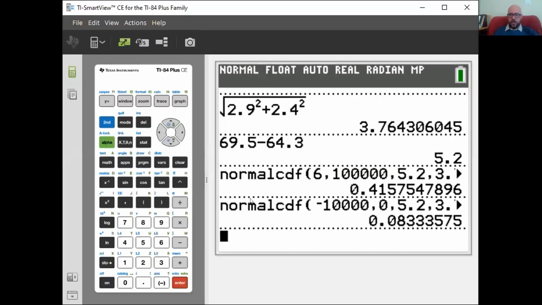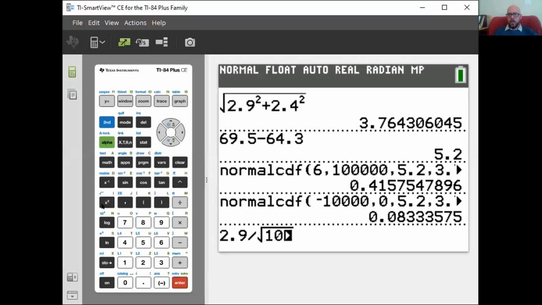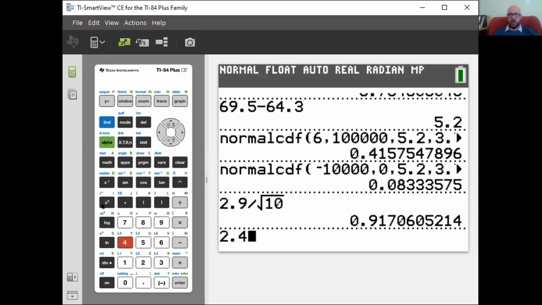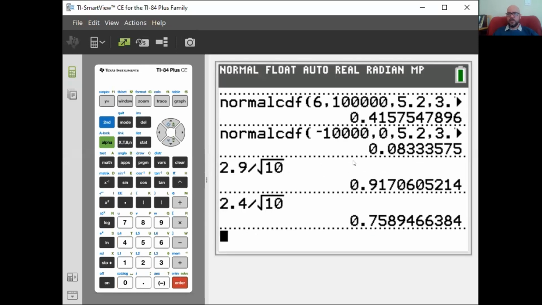So we've got 2.9 divided by the square root of 10. And same thing, 2.4 divided by the square root of 10. So X bar M has a mean of 69.5 and a standard deviation of 0.917. And X bar W has a mean of 64.3 and a standard deviation of 0.759.